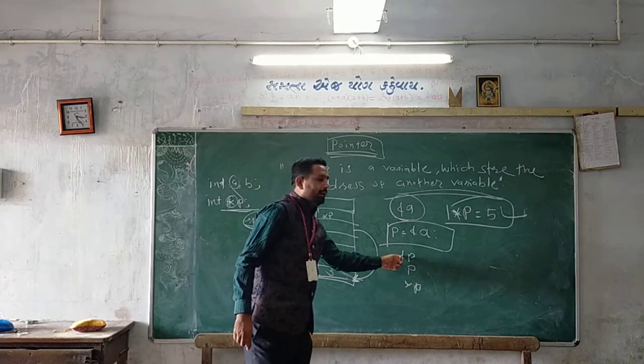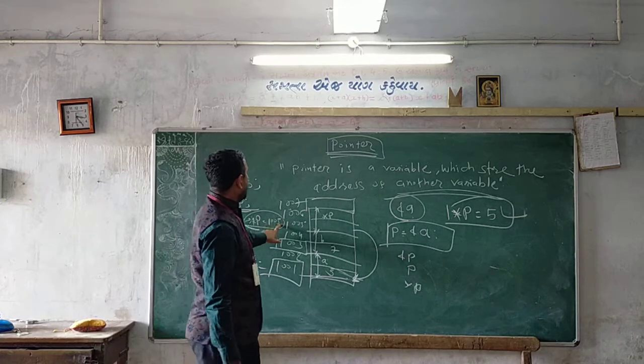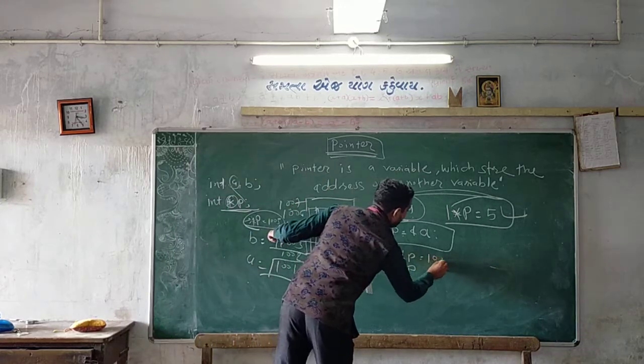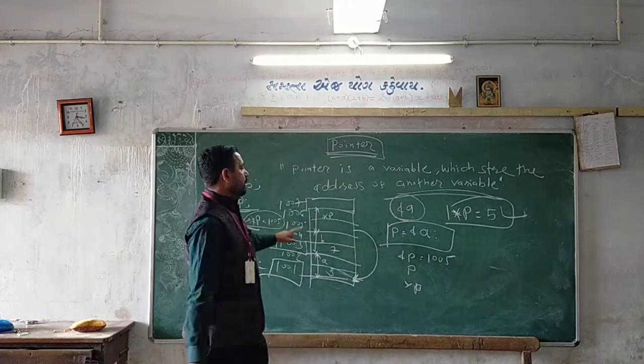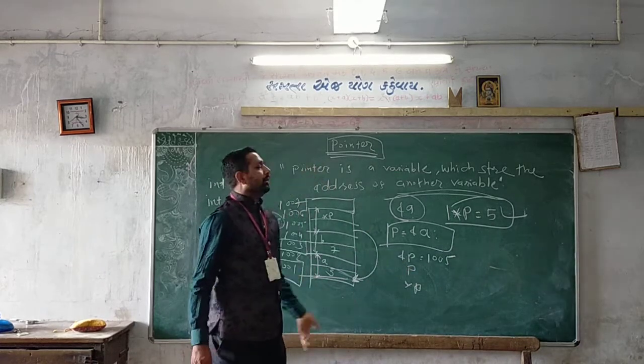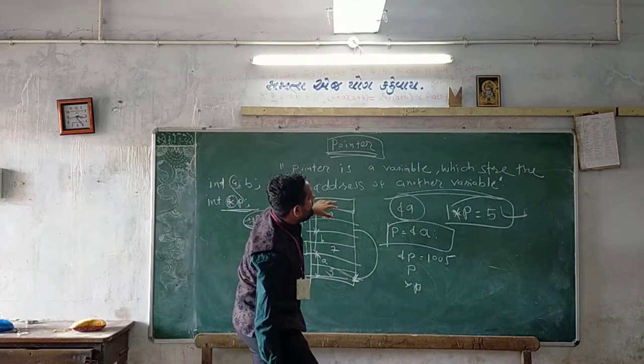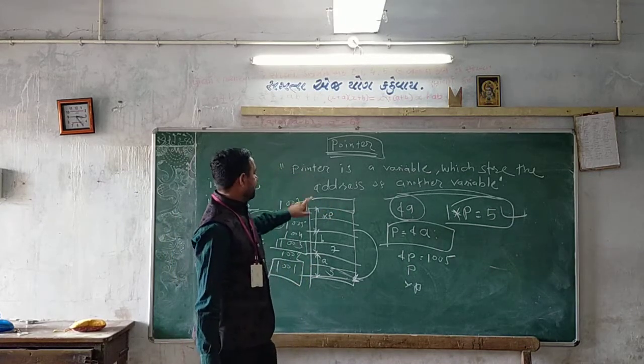&p indicates its own address, that means 1005. p indicates another address, meaning the address of the variable which we store.